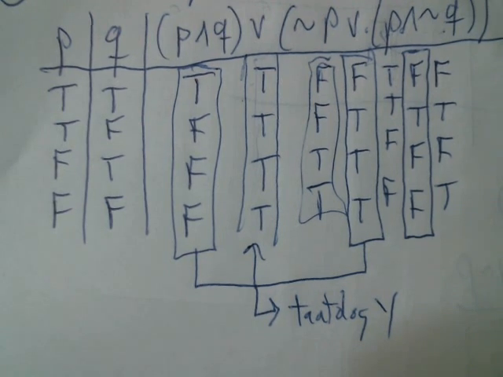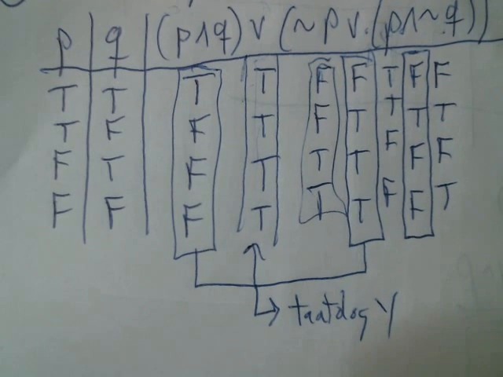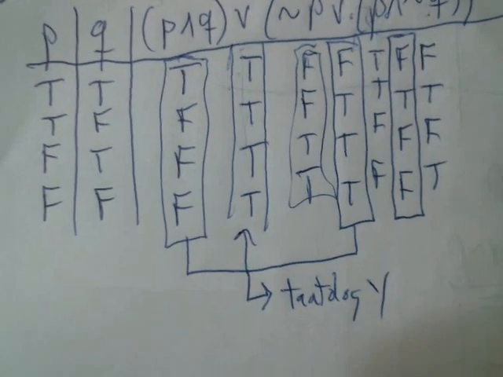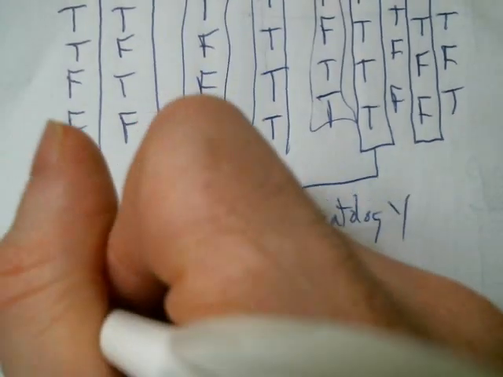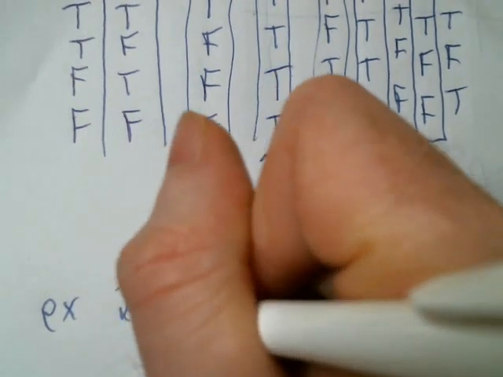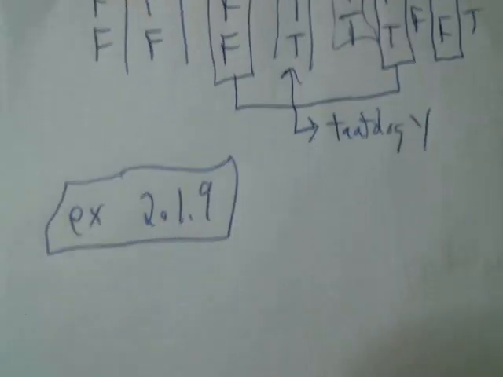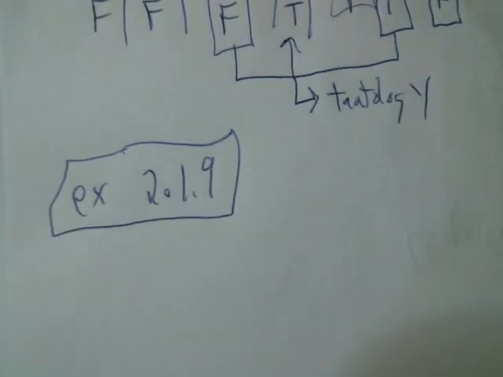Using De Morgan's, now we're talking about translating English statements and working with those. This example from the book, example 2.1.9, they work sometimes with inequalities because we want to apply logic to mathematics.